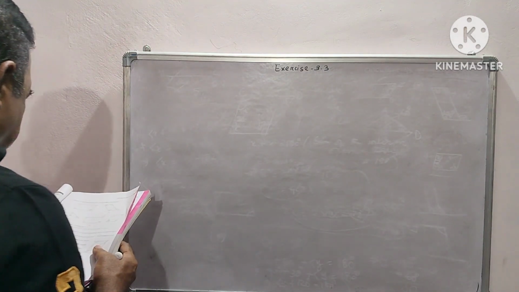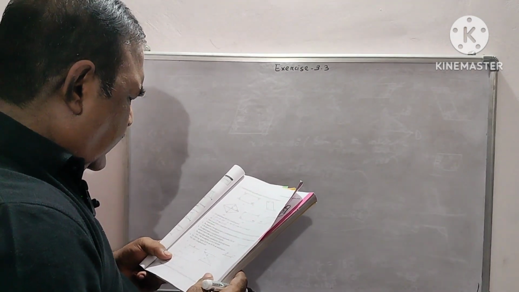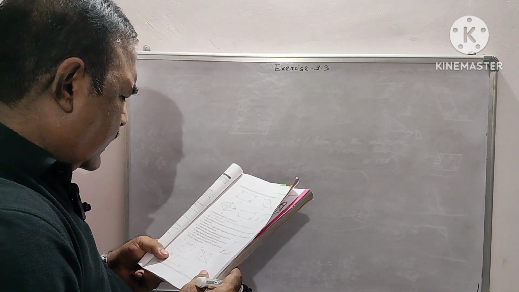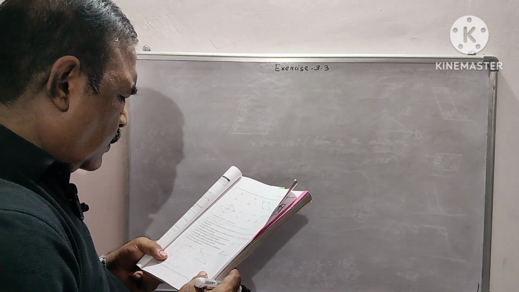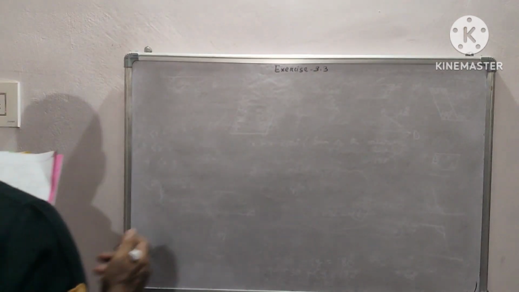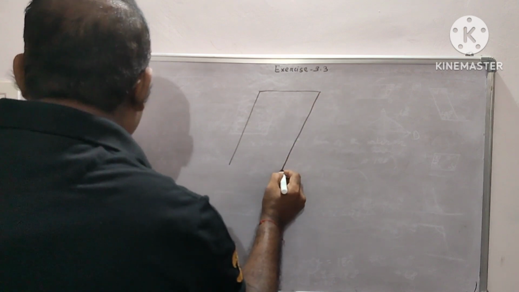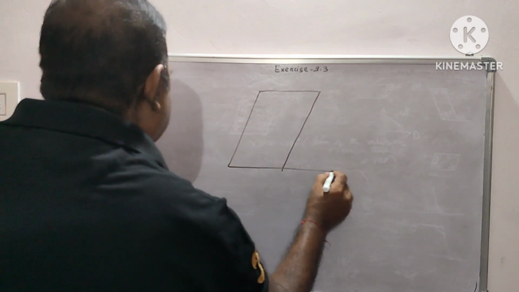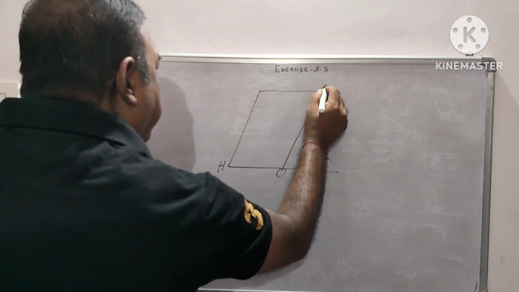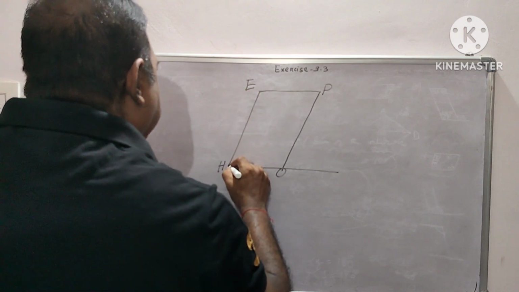Then we will move to question number 7. You see here, the adjacent figure HOPE is a parallelogram. Find the angle measures x, y and z. State the properties you use to find them. Okay. So you see, this is the figure drawn, HOPE, and this is the diagram.